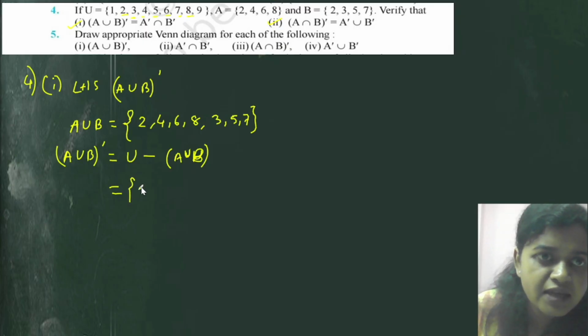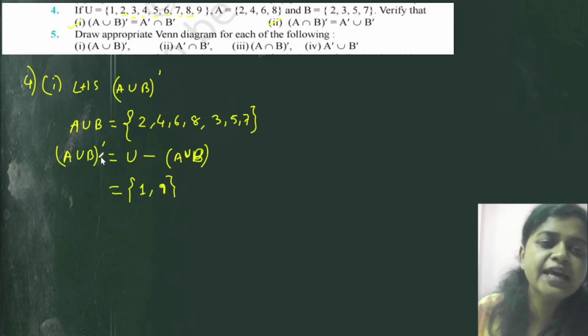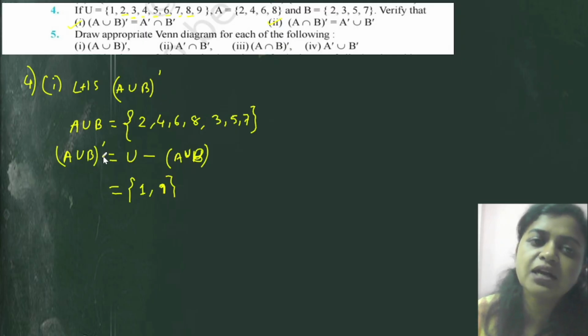The remaining elements are 1, 9. Clear? So this is the value of (A union B) complement.